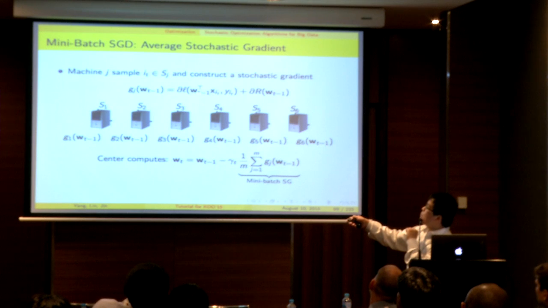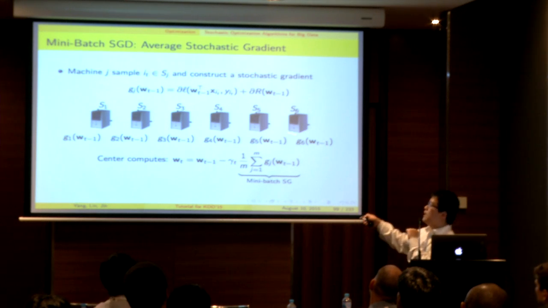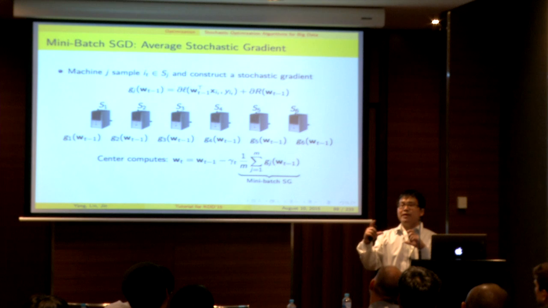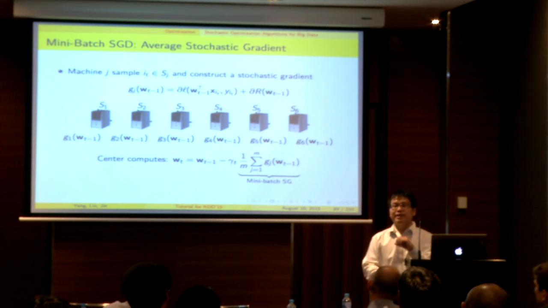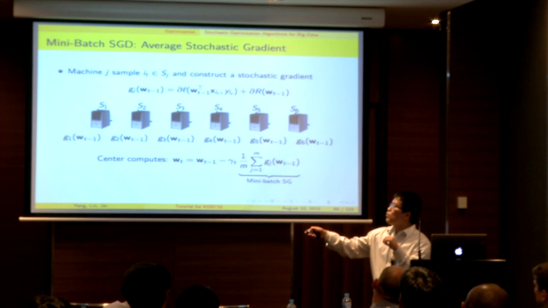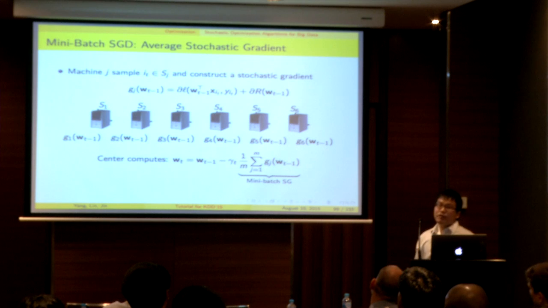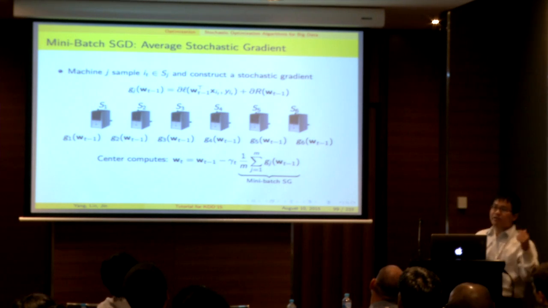The center sends W_{t-1} to every machine. Now every machine is on the same page. They have the same W, and their job is to calculate the gradient using their local data. Each machine samples a data point; S1 samples one data point and calculates the gradient G1, and this gradient is calculated at the same point. S2 calculates another stochastic gradient using a second data point, and so on. If you have M machines, you basically have M stochastic gradients.